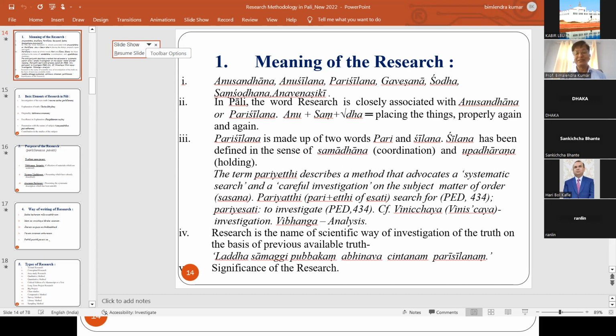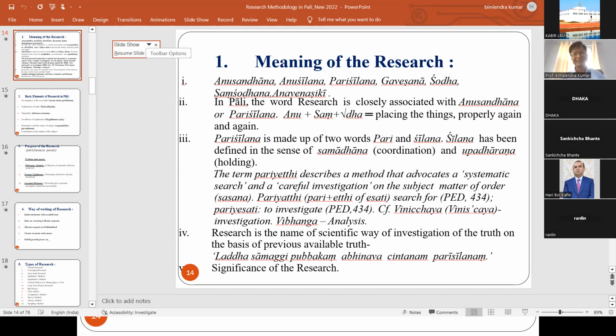It has been given that pariyatti is nothing but pariyesti, where the verb is esati, meaning careful investigation of the subject matter of the order. Order here is Buddha Sasana, the teachings of the Buddha.